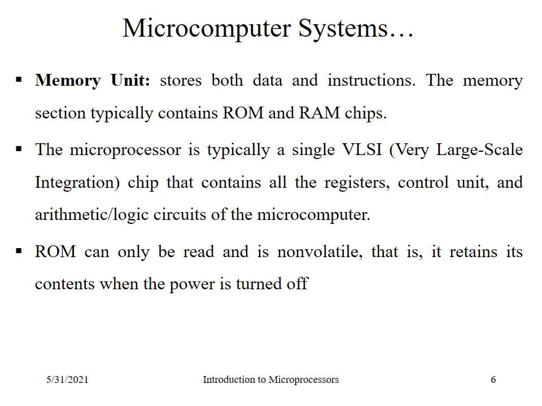When you say instructions, these include the BIOS, which are the basic instructions for booting up the microprocessor. The memory typically consists of the read-only memory and the random access memory. The read-only memory is where we store the BIOS and the parameters of the microprocessor.